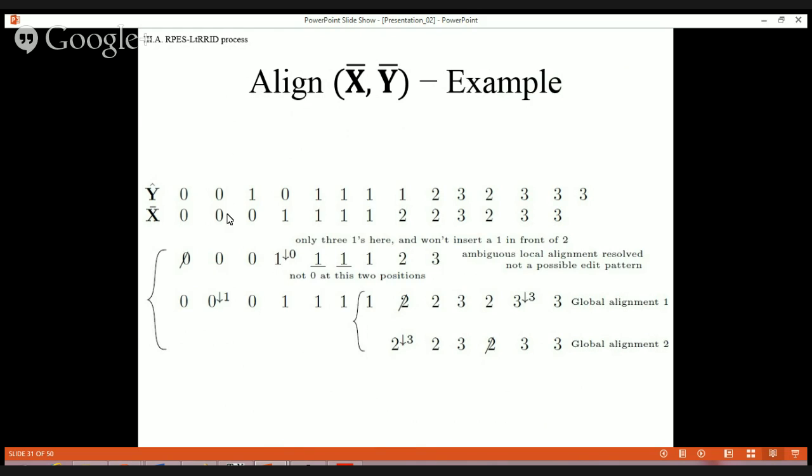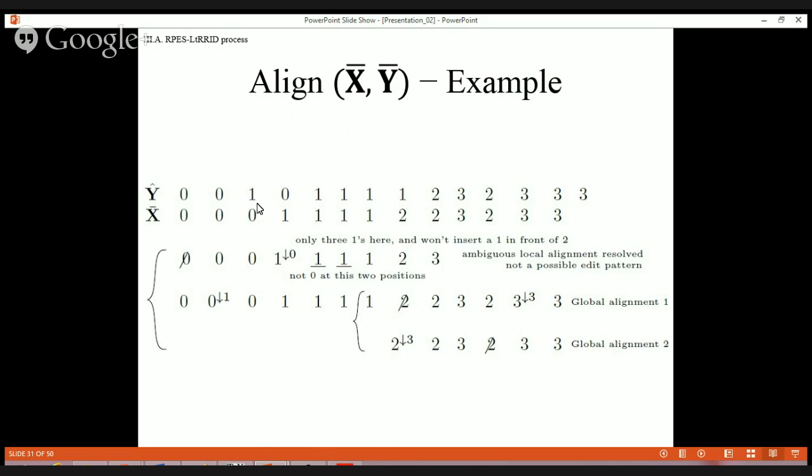Then we check one more symbol after this Y run, which is 1. So if the second case is possible, the insertion must be a 1. So we keep both alignments now.